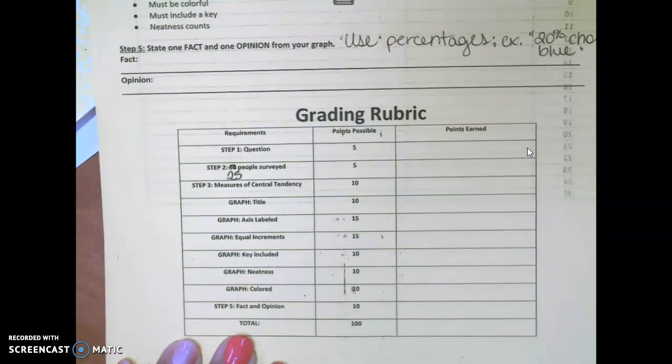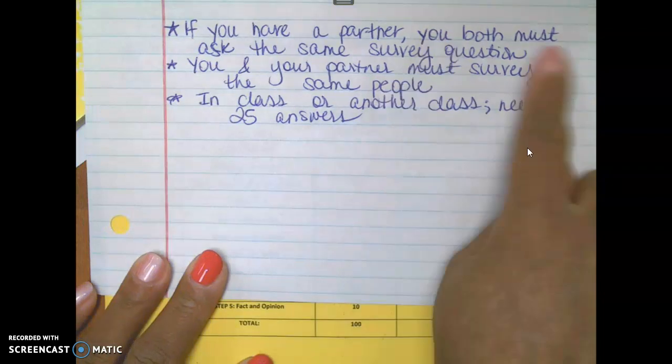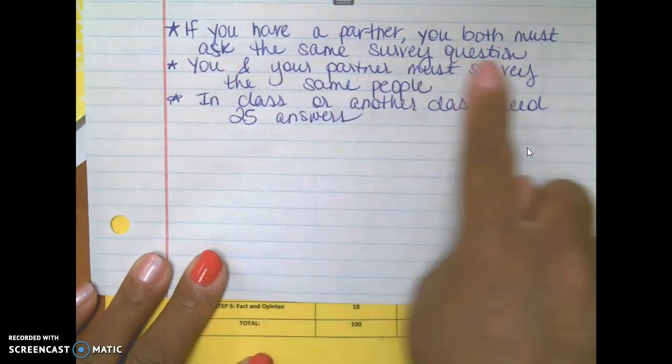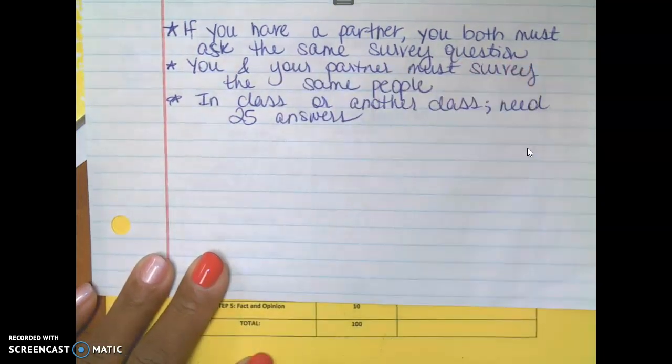So, if you are working with a partner, you may only have one partner. You both must ask the same survey question. You're both making one graph. So, you need to have the same data.